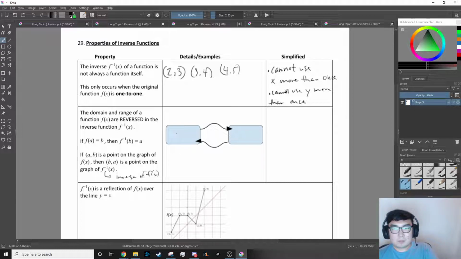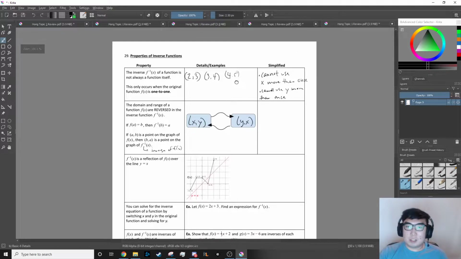So your x values, your (x, y) becomes your (y, x).